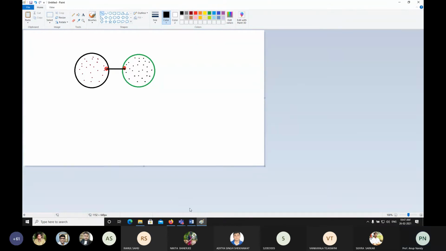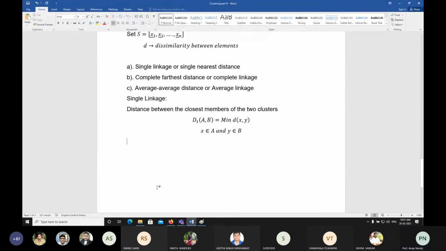Now next is complete linkage. It means the distance between the members that are farthest apart. Okay, this is your complete linkage.